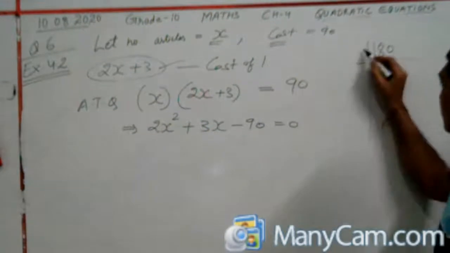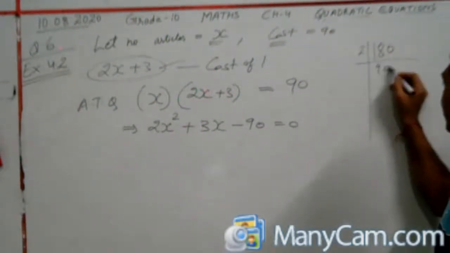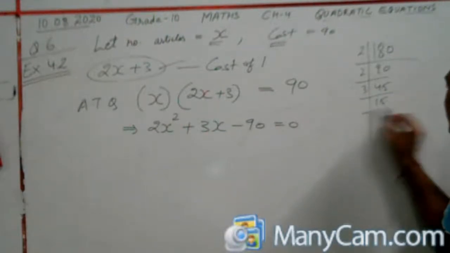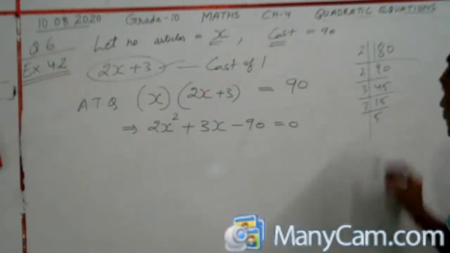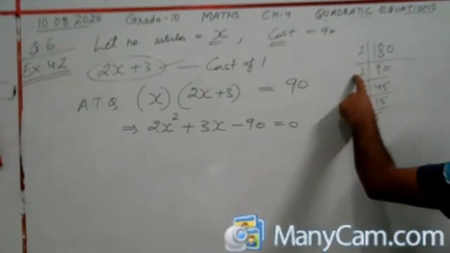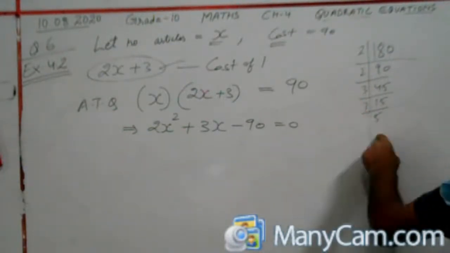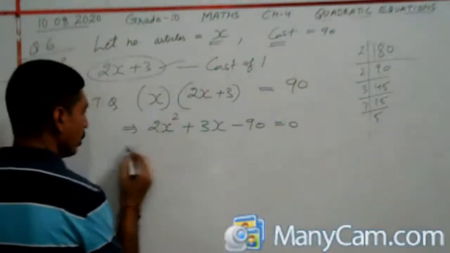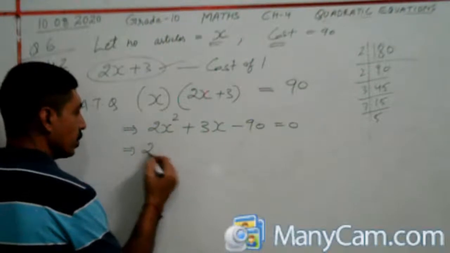When we go for 180, factorization is 2, 90, 2, 45, 3, 15, 3, 5. So here we have 12 and 15, the right factors. So here one is 2x square.